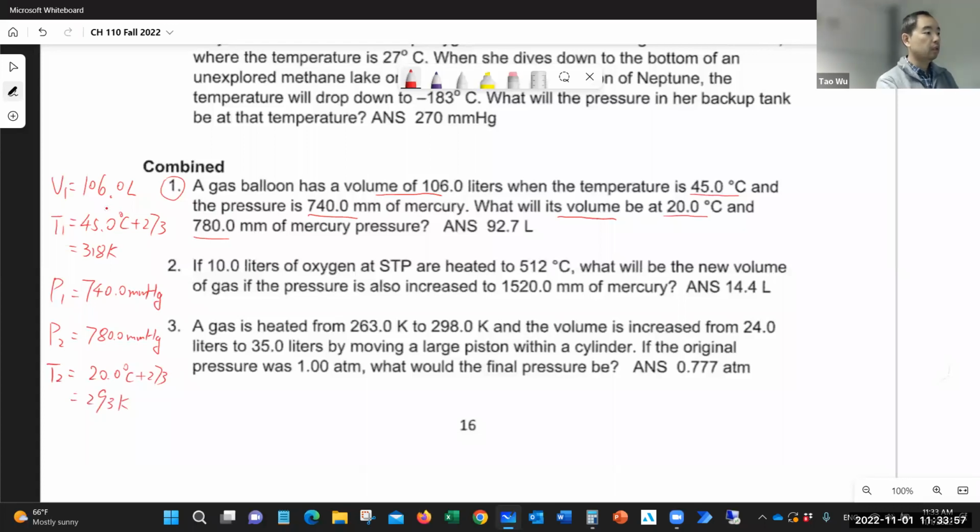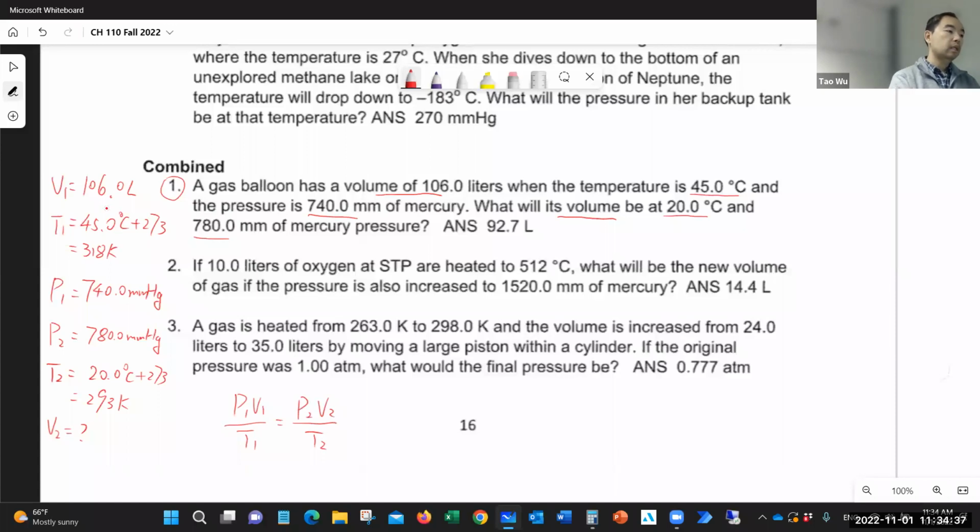Okay, so now you see the question is asking for another volume, which is V2. So now what do we have? We have five of the parameters shown, asking for another one. So obviously, this one is using the combined gas law, because the combined gas law has 6 parameters, involving volume, temperature, and pressure. So P1 V1 divided by T1 should be equal to P2 V2 divided by T2.